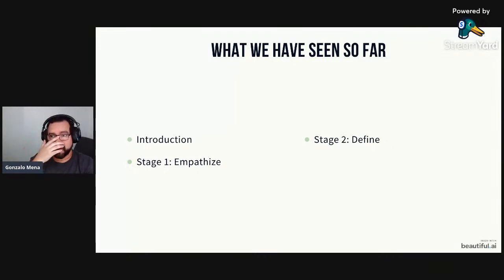So in the define stage, what we do is we take the information we gathered from the interviews, from talking to people, from learning about the problem, and we, what is the word in English, we narrow down this huge idea of the problem into one line of the problem. We used in our past class the example of ending world hunger. Ending world hunger is a huge problem. It has a lot of pieces, a lot of parts, a lot of stages, and we cannot solve them all.